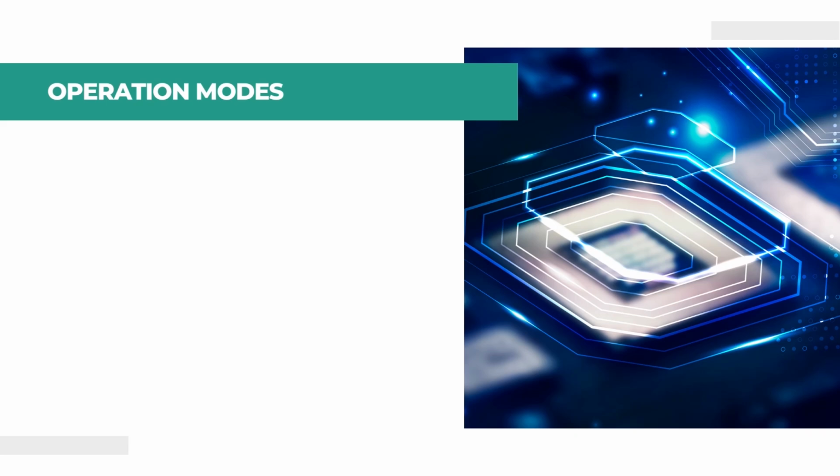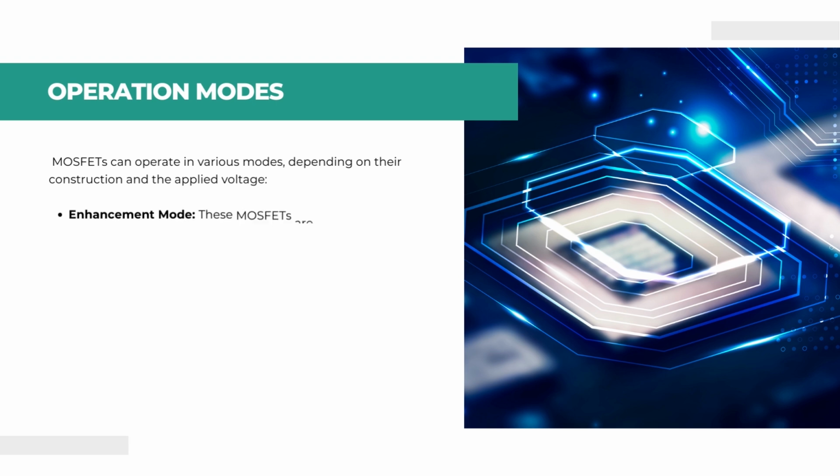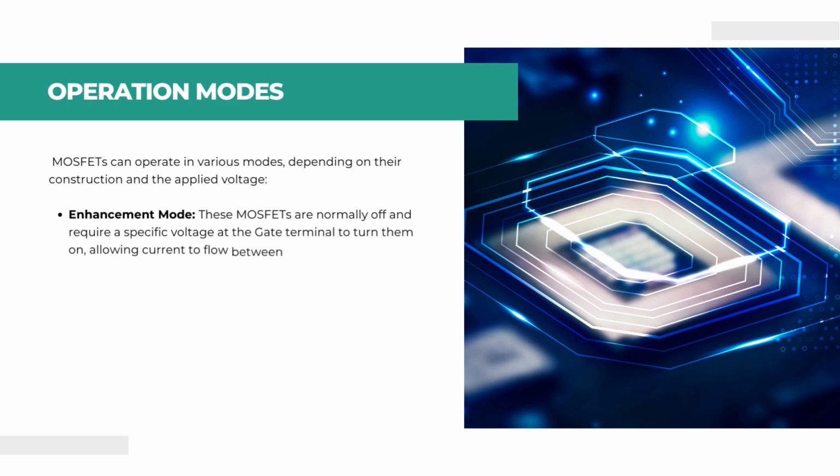Now, moving towards the operating mode of the MOSFETs. The MOSFETs can operate in various modes depending upon their construction and the applied voltage. So, the first one is enhancement mode.